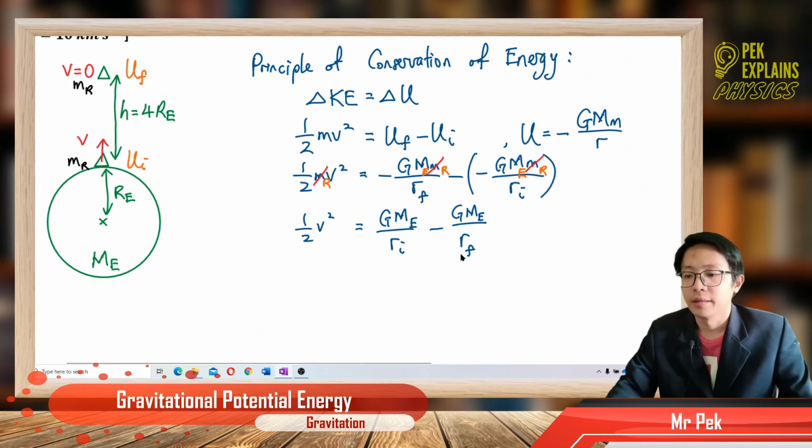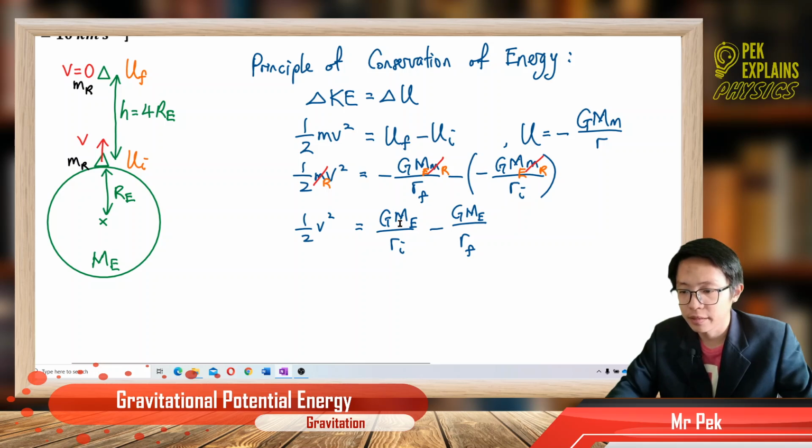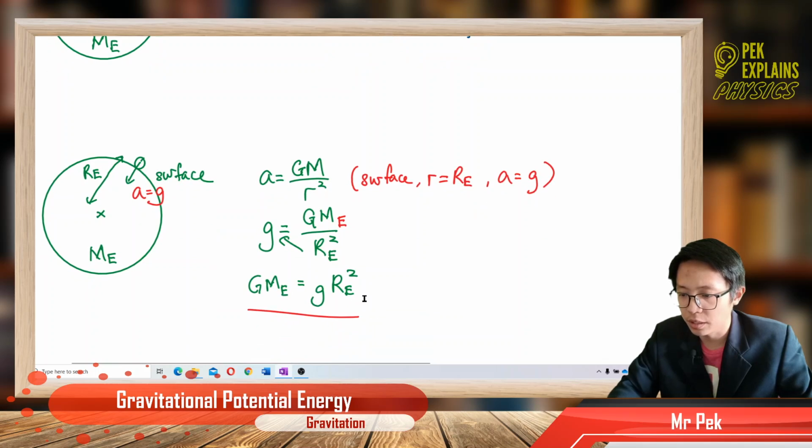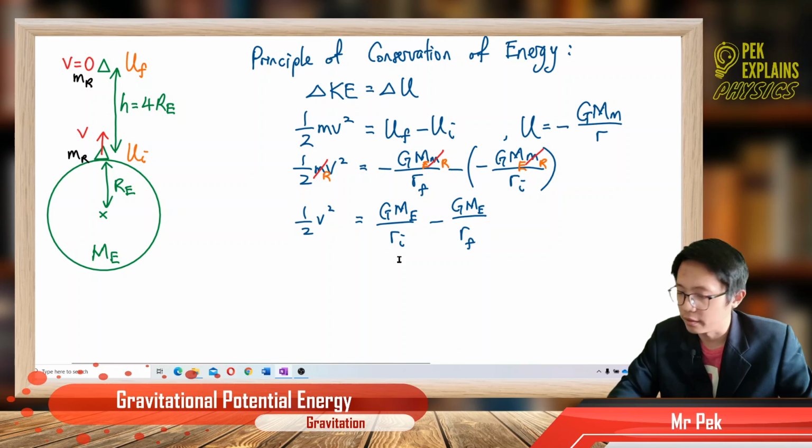Now GM_E is g R_E squared. R initial is the initial position. How far is the rocket from the center of Earth? It is R, the radius of Earth.